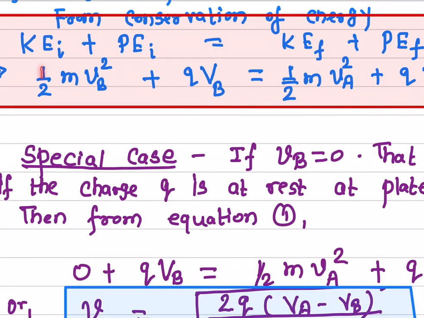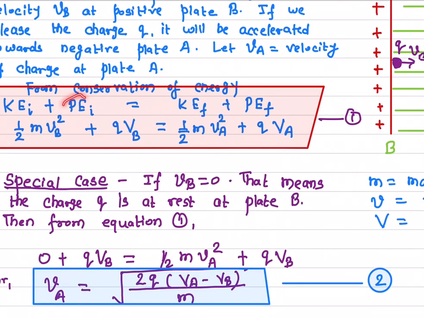As this particle is moving at this point, it does have some kinetic energy, and that is given by half m, the mass times velocity squared. And this mass is the mass of the charged particle.